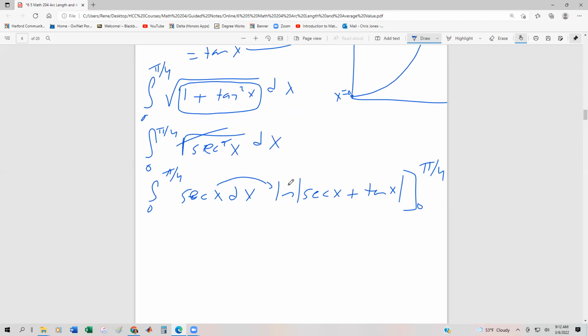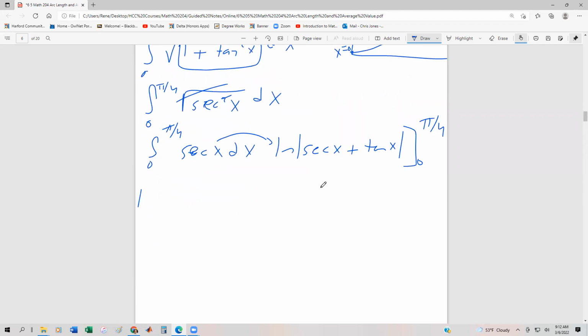All right. So now we're going to substitute. We're going to get natural log of sec pi fourths plus tan pi fourths, minus natural log of sec 0 plus tan 0. I got rid of the absolute values just because I know that all the values are going to be positive or at least 0. So I'm not too worried about that.